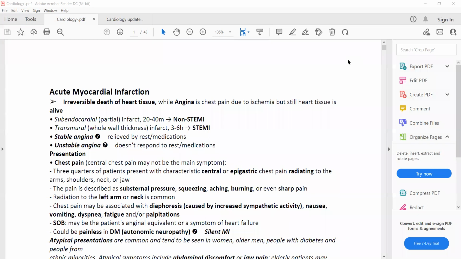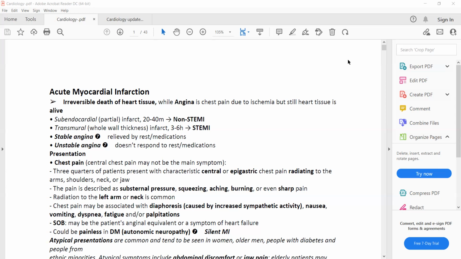If troponin is positive, it means myocardial cell injury has occurred. Troponin is an enzyme which is present in the myocardial cells. So if injury or death of myocardial cells occurs, then when the myocardial cells die, they release this enzyme in the blood. So positive troponin means the enzyme is released in the blood by the dying cells of the myocardium.